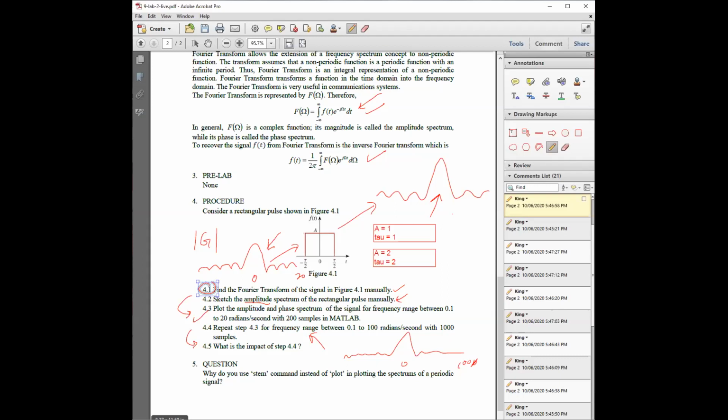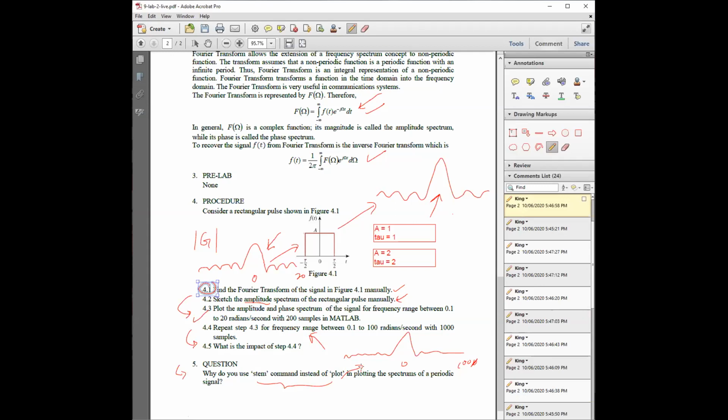Then you need to answer why you need to use stem instead of using plot in periodic signals, which I already asked in the last lab, but in this lab you answer it again. And for this particular signal, you have to use plot, because this is a continuous signal. You only use stem for discrete signals.